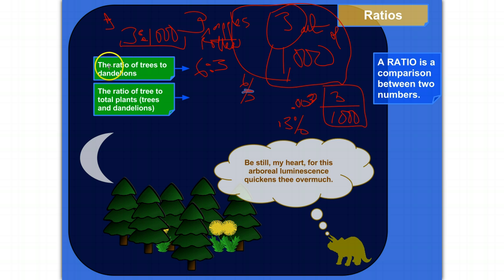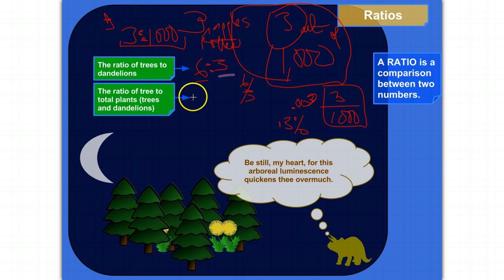The English part: when you say some number to another number, this number goes first. So if I say the ratio of trees to dandelions, then this needs to be trees and this needs to be dandelions. Or instead of comparing the number of trees to the number of dandelions, I could also compare the ratio of trees to the total number of plants here.